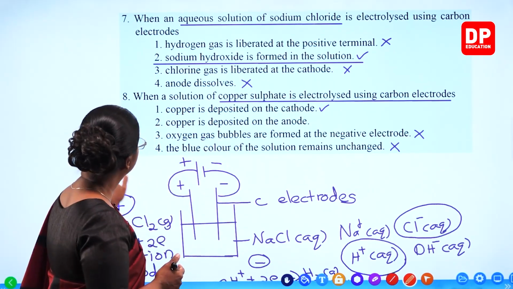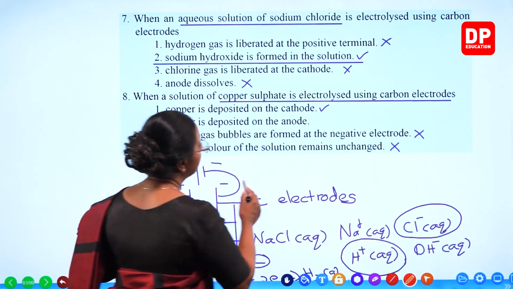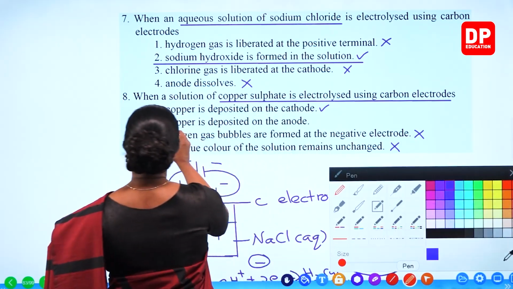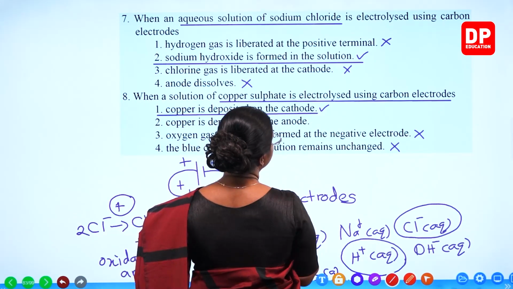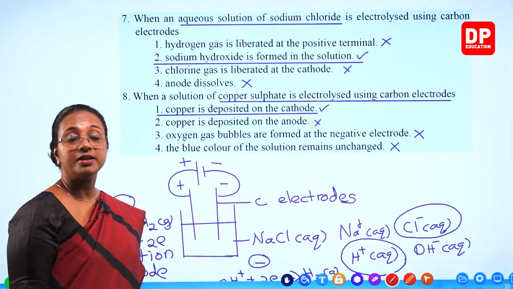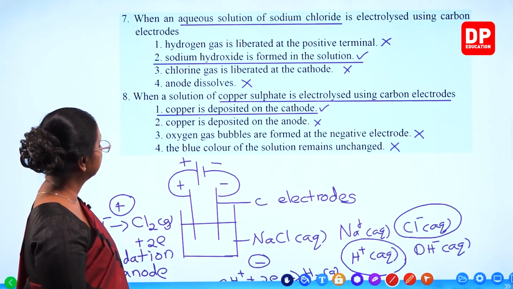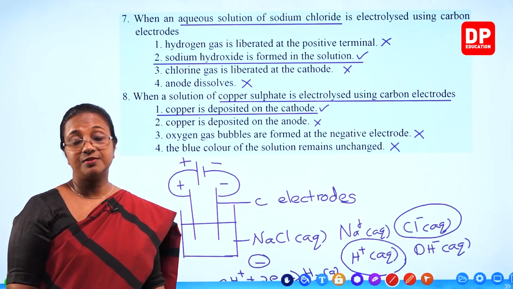So the correct thing that happens during electrolysis of aqueous copper sulfate is that copper deposits on the cathode. The rest of the statements do not occur here. They don't happen during electrolysis of aqueous copper sulfate solution.